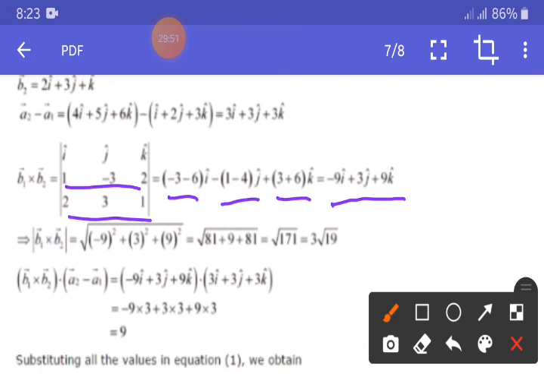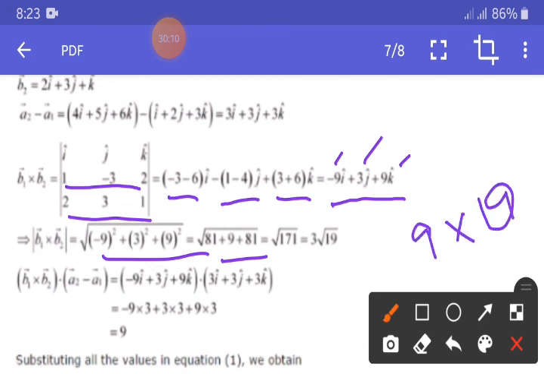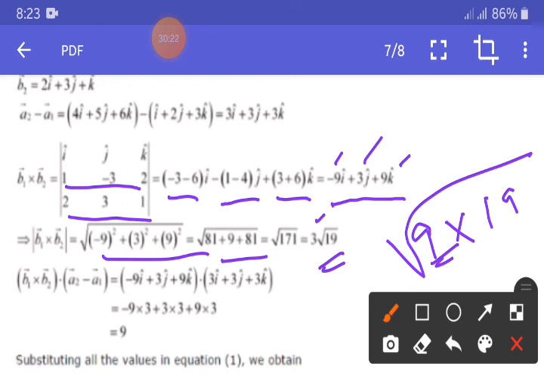Their modulus is the square root of 9 squared plus 3 squared plus 9 squared, which is 81 plus 9 plus 81, the square root of 171. We write 171 as 9 into 19, the square root of 9 is 3, and the square root of 19 remains. So 3 square root of 19.